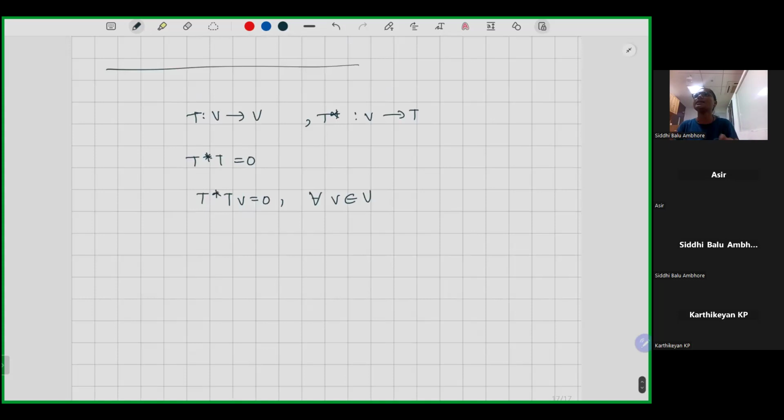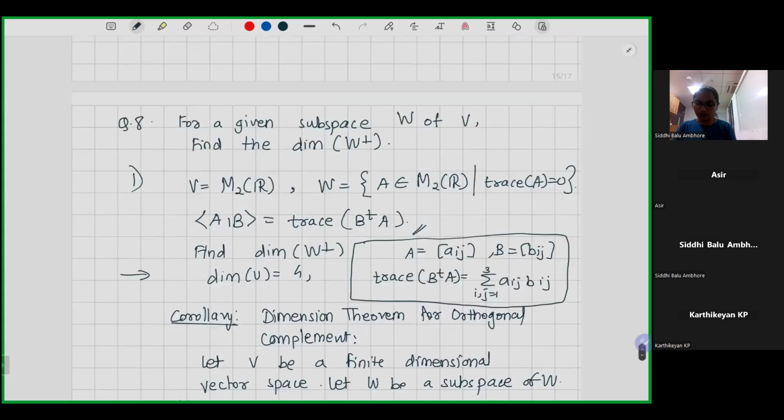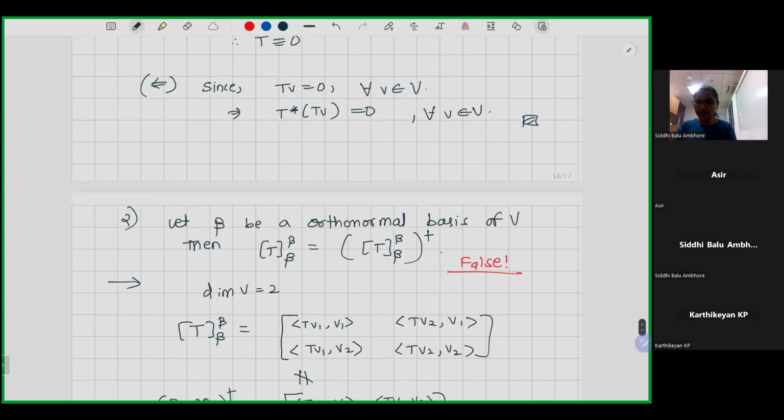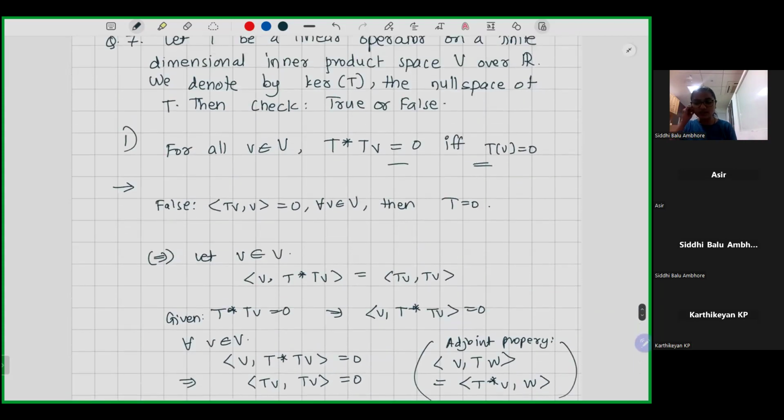What they are saying is that if T star T is 0, then T is 0. Previously we proved that T star T(v) is 0 if and only if T(v) is equal to 0. So you can take a hint from this and mark your answer accordingly.